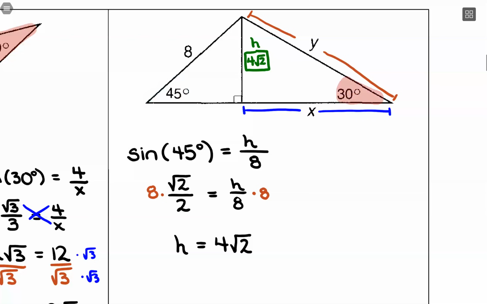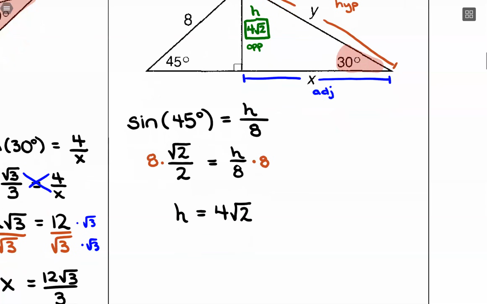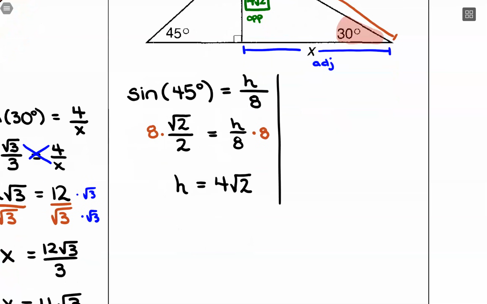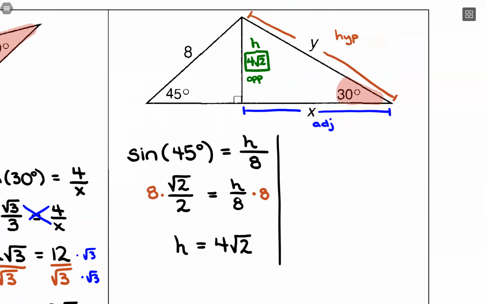So now we can move over to 30 degrees. If I'm at 30 degrees, h is going to be our opposite side length, x is adjacent, and y is the hypotenuse. It doesn't matter which order we go in. Let's go ahead and find x, go alphabetically. So we're working with opposite and adjacent.